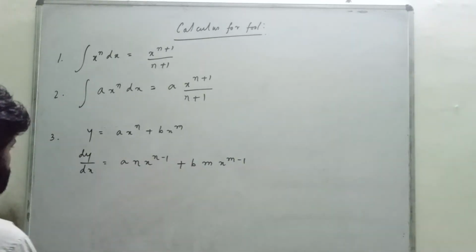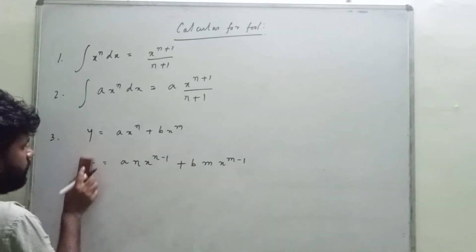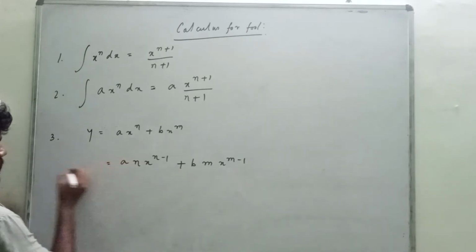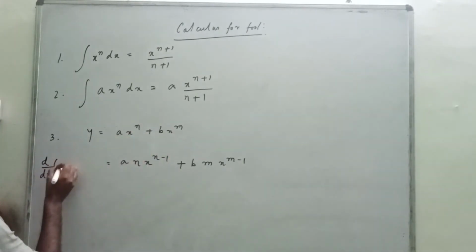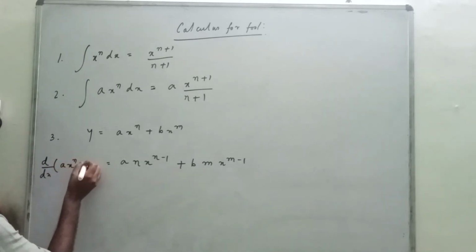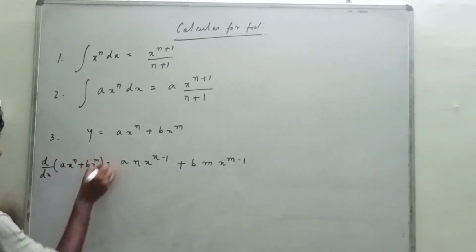And dy dx means simply d dx over y, where y is a x power n plus b x power m.